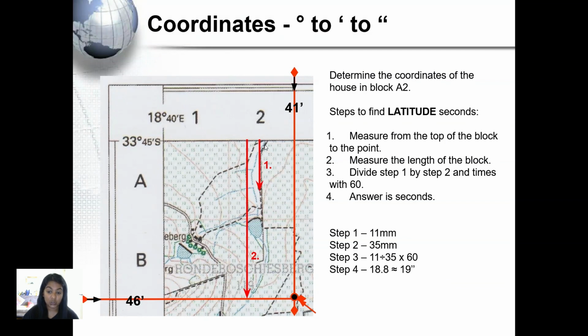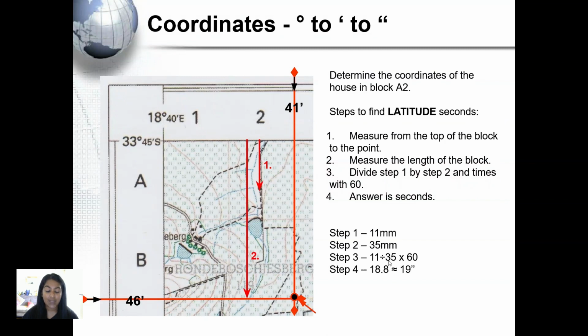First we measured here, and I can see that that is 11 millimeters, and we do all of our measurements in millimeters for this section. Then you measure the entire block, so you can see that that is 35 millimeters. Then all you have to do is divide the first number by the second number. So 11 divided by 35, and then times by 60, because there are 60 seconds in this block.